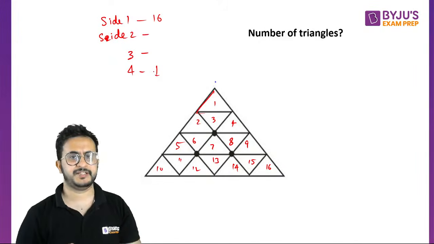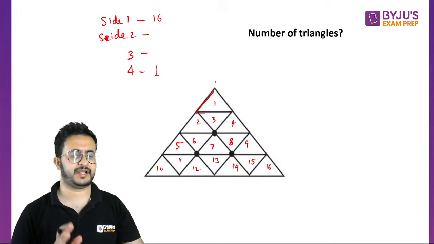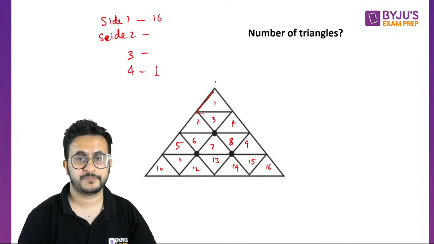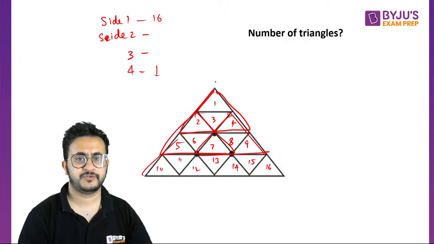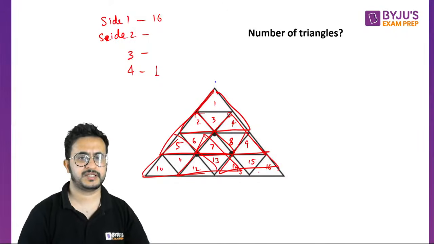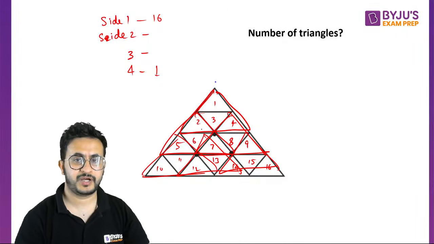Okay. Now let us count the triangles that have side length 2. So one triangle is 1, 2, 3, 4. One triangle, two triangles, three triangles, right? 4, 5, 6. 6 triangles. And then you see this inverted triangle also.